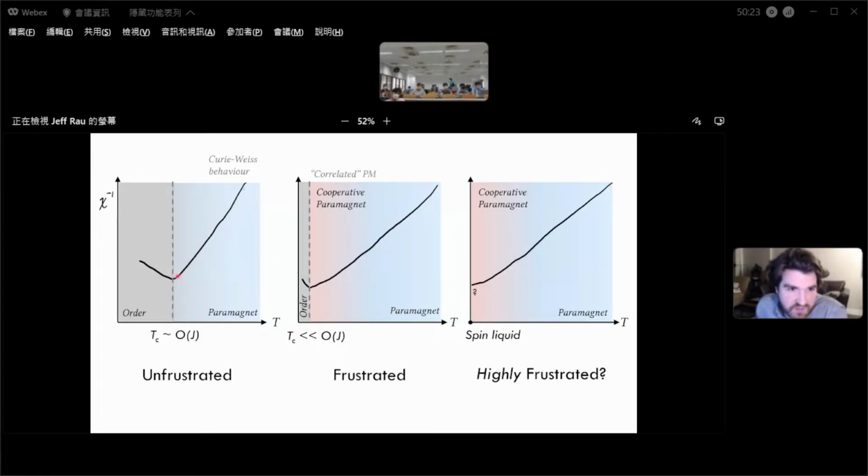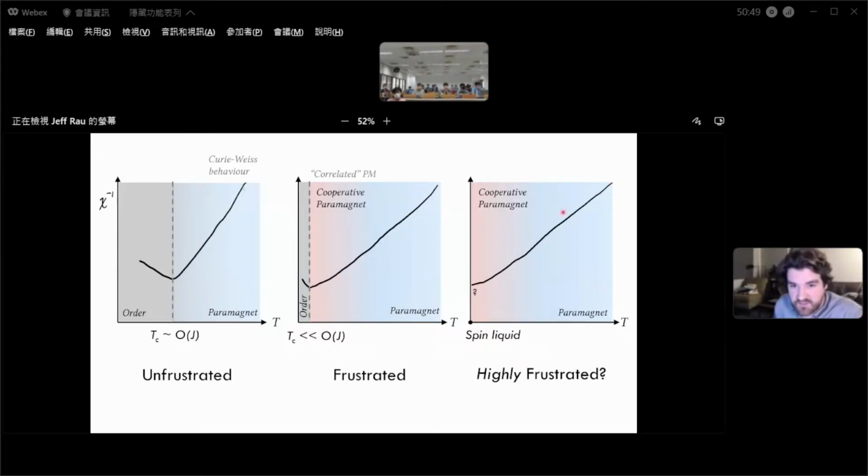Then you have some sort of cusp or peak near a phase transition where it goes into some ordered phase. This phase transition happens at temperatures of order the characteristic scale in this magnet, right? If you start adding frustration to the system, you can push down this scale. It might ultimately still order, but it might survive to a temperature that is quite a bit lower than what you might expect just based on the naive exchange scales in the model, okay?